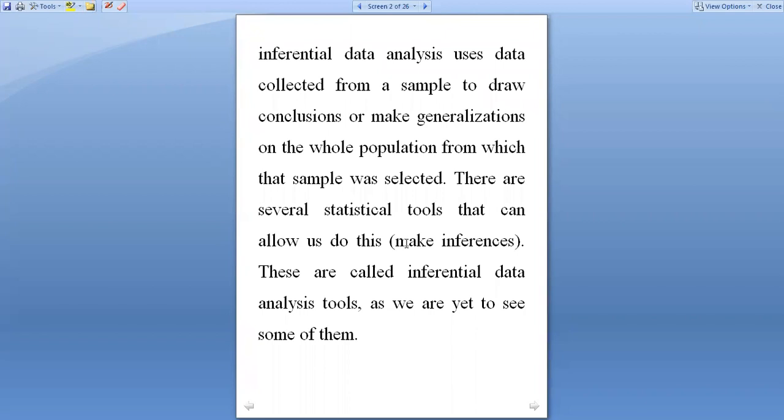And it is from that inference that we are making conclusions. Conclusions are inferences because conclusions are not derived from the whole population. They are derived from a sample, but they are made about the population.